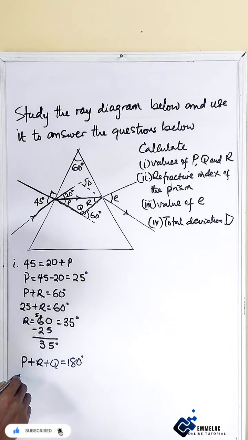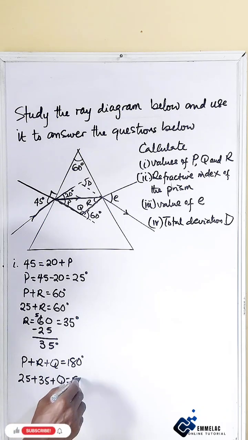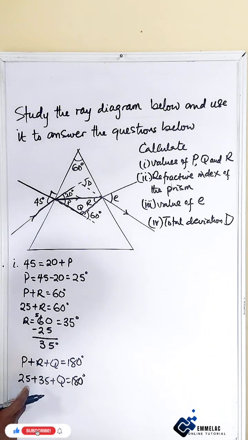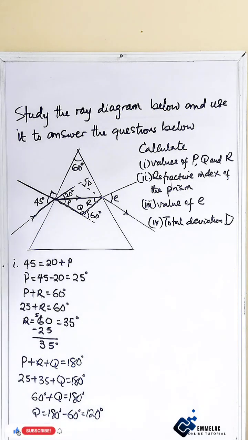Our P is 25, our R is 35, and our Q is unknown. When we add this together, it will be 60 plus Q equals 180. So our Q will be 180 minus 60, which is 120. Alright, and that is that.